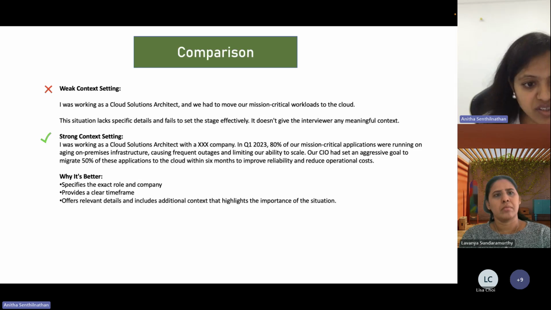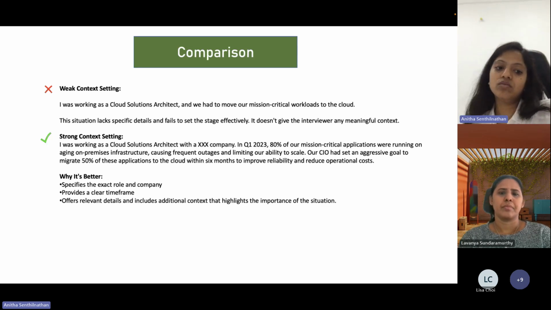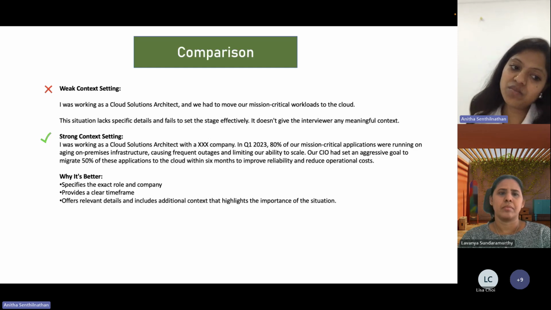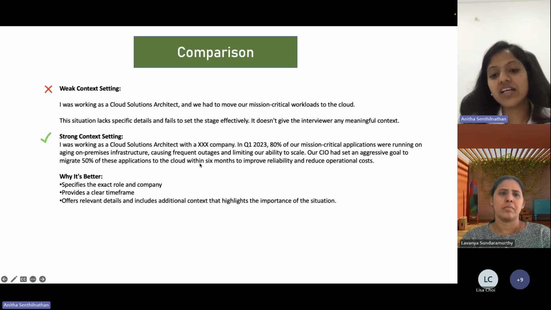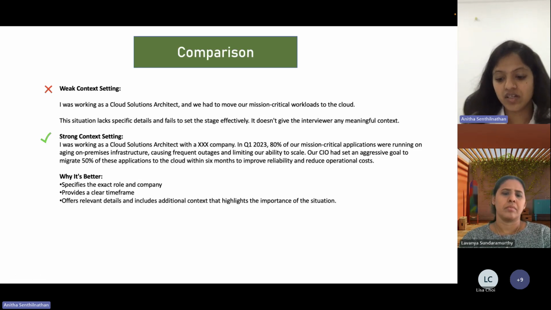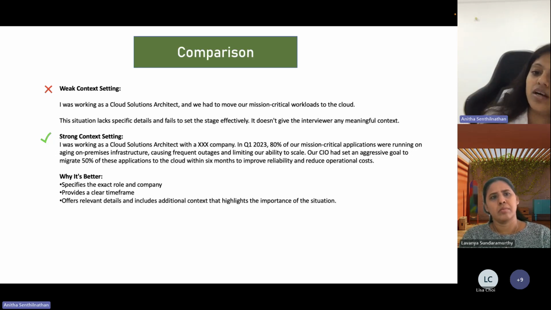This is my strong context, where I include the metrics, the data, and the timeline as well. So that's why this is a better answer. Specific exact details and a clear time frame offer relevant details and include additional context that highlights the importance of the situation. So this is a comparison, and that concludes my presentation.